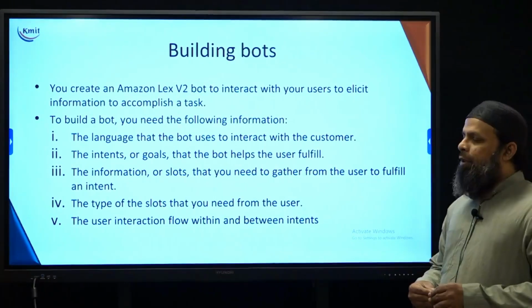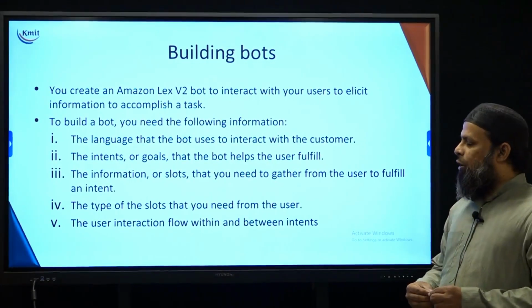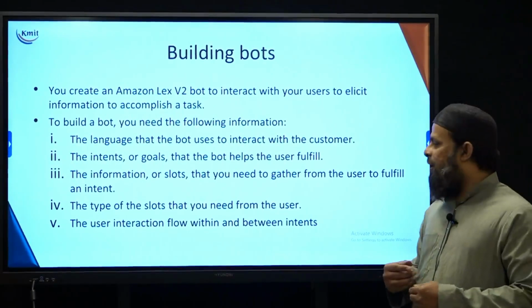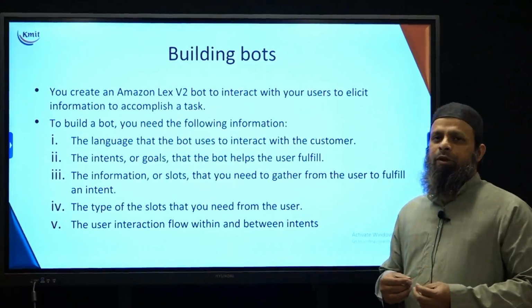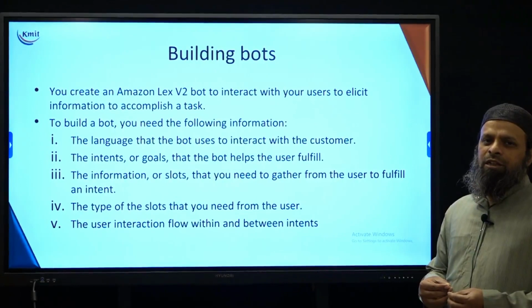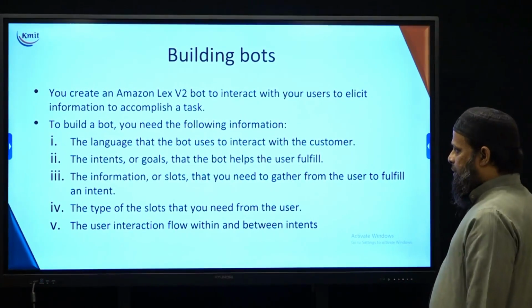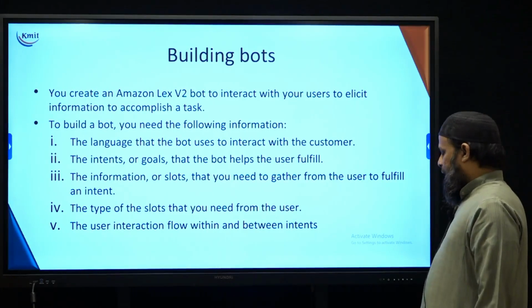Then slot type can be given, whatever the user is going to give. The interaction will happen between and within the intents, and whatever task is there will be fulfilled. So, students, we will go ahead and see how to create a bot practically.